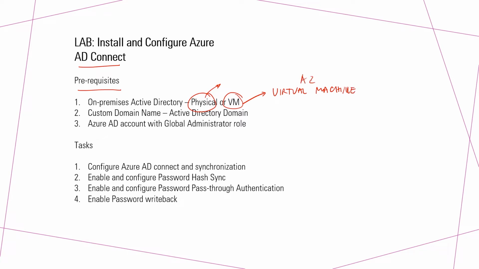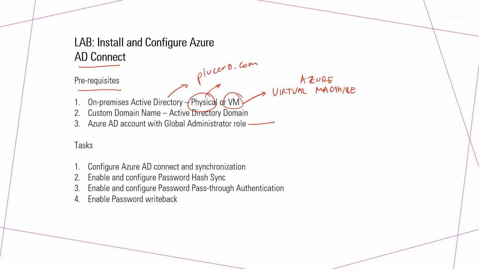It's going to be in Azure, to be specific. You're going to need a custom domain name for your Active Directory on-prem. So in this case, I'm going to be using my own custom domain, and it's already set on the domain controller where my Active Directory is.